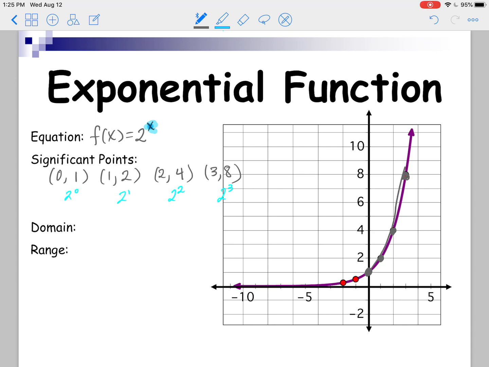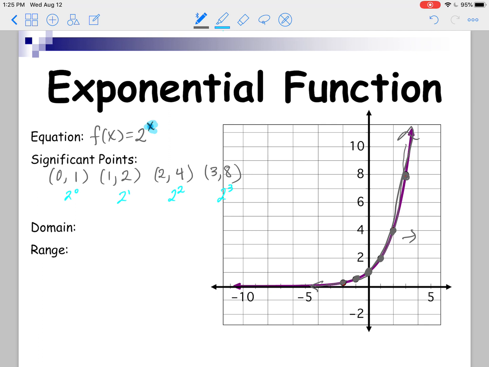This function is growing very quickly because it's doubling as we go to the right. And as we go to the left, it's getting cut in half. So this would be 1/2, 1/4, 1/8, 1/16, and so on. And so this function, as we keep going to the left, is going to keep getting cut in half.